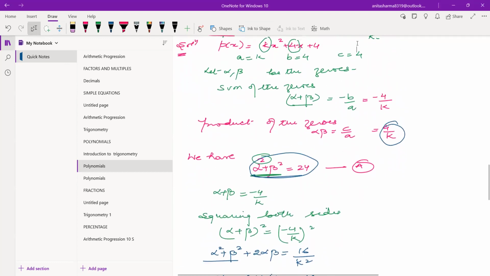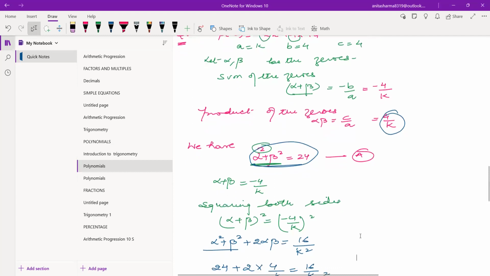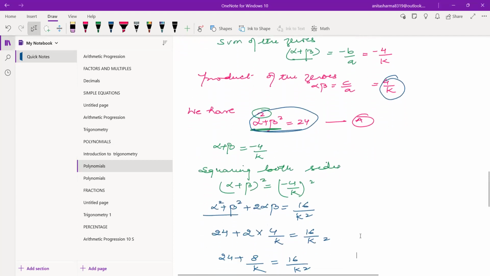Kx square plus 4x plus 4, beta. Done, ma'am. Continue scroll.